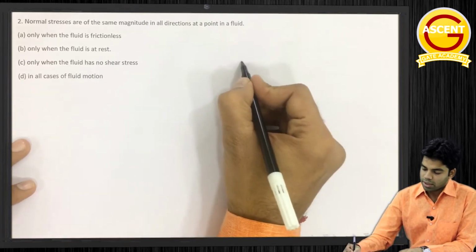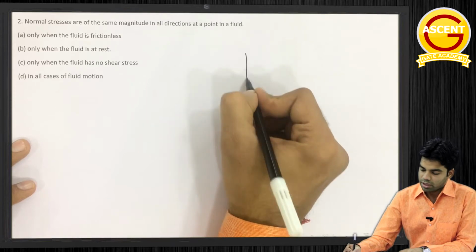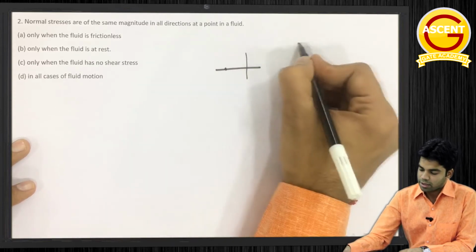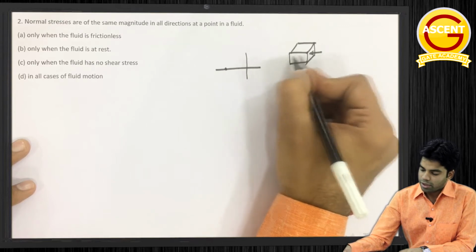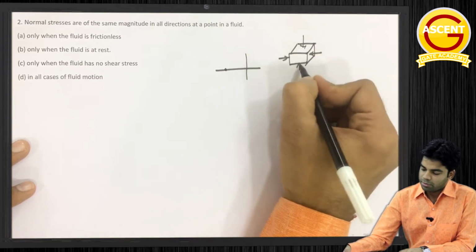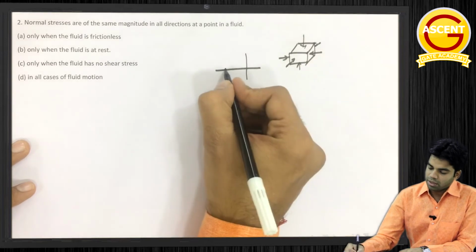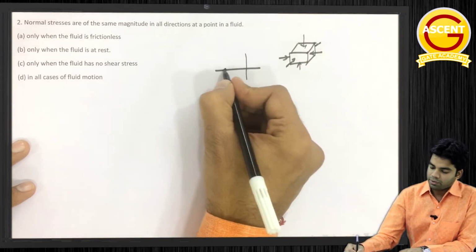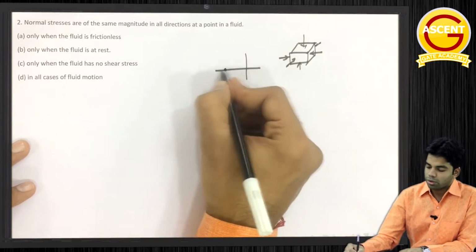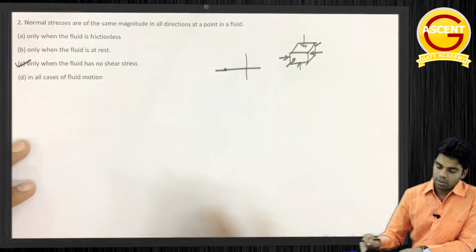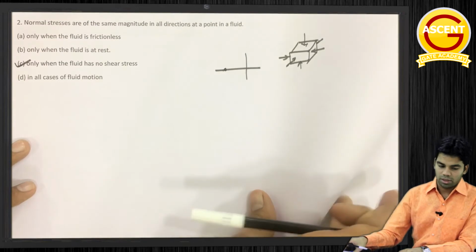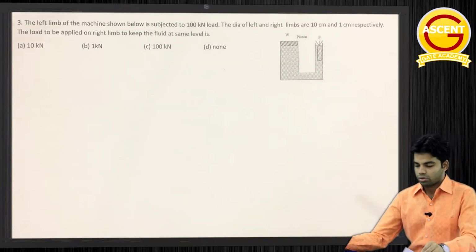Okay, so if the normal stress is the same in all directions, obviously the Mohr circle will be a point. We have already discussed. If the normal stress is equal in magnitude in all directions, then obviously the Mohr circle will be a point. And if the Mohr circle is a point on the normal stress axis, obviously shear stress will be 0. Okay, so this will be C, only when the fluid has no shear stress. Getting this? Okay, next question.